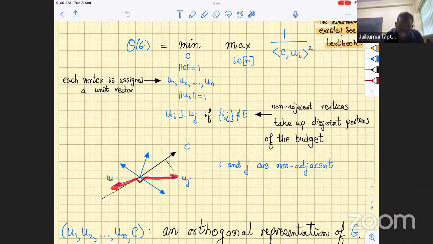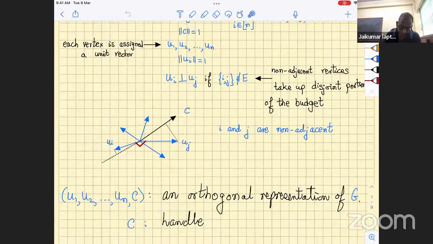The vectors assigned to non-adjacent vertices have to be perpendicular, and there should be a particular vector C, which is also a unit vector, and we would like to maximize the component of every vector with this. So we minimize the reciprocal here. That means we are trying to maximize this for every vertex. There is a reason why it is written in this fashion, and we saw that last time.